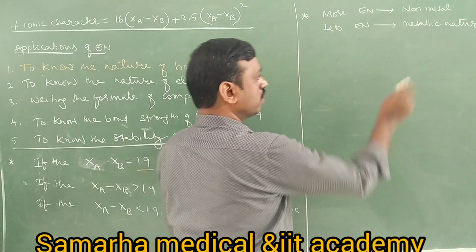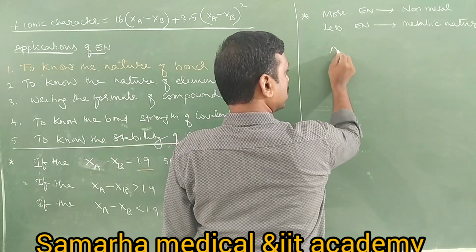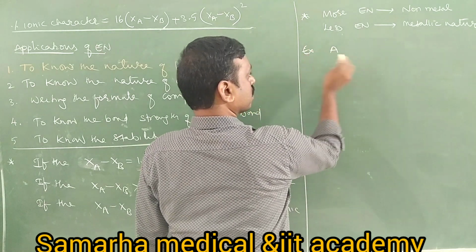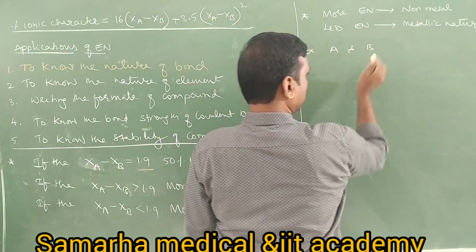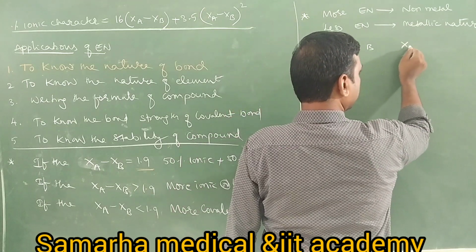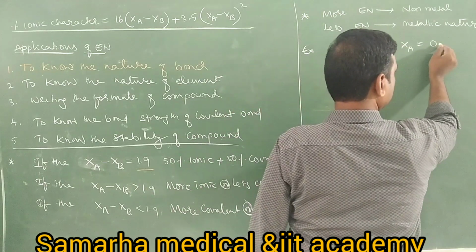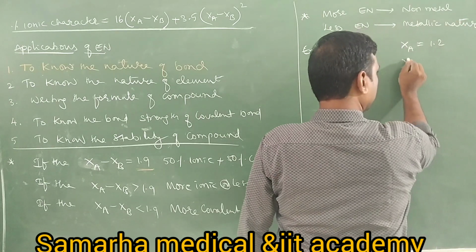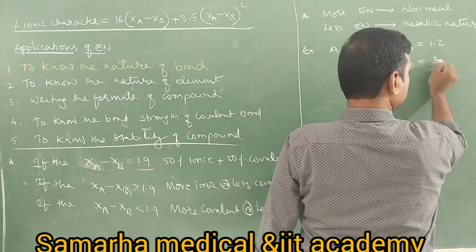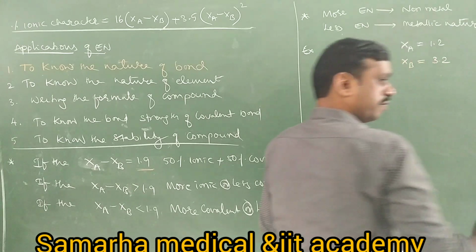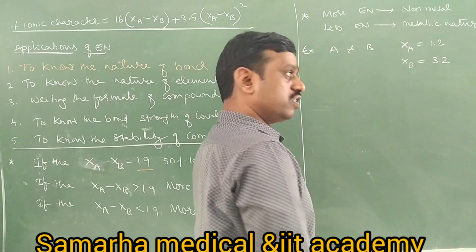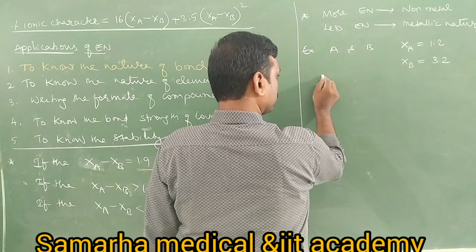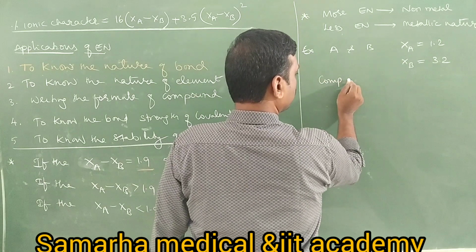It is a comparison value. The question is like this: there are two elements A and B. The electronegativity of element A is XA equals, let us take, 1.2, and the electronegativity of element B is 3.2. Then which is a metal and which is a non-metal? A is metal, B is non-metal.